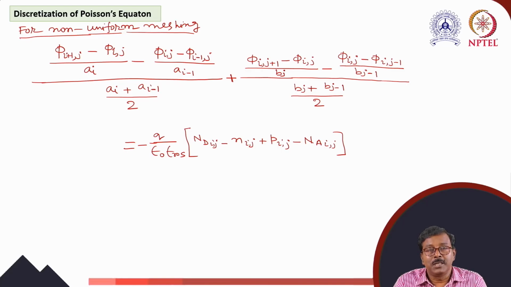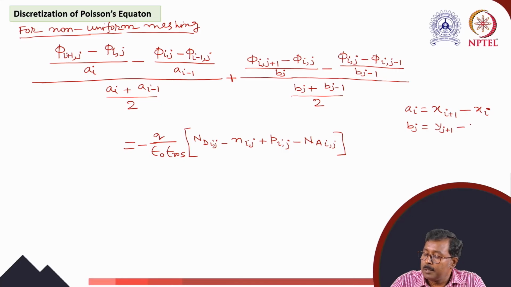If you see the notation, you can remember this: a_i we have defined as x_i+1 minus x_i, and b_j is defined as y_j+1 minus y_j.